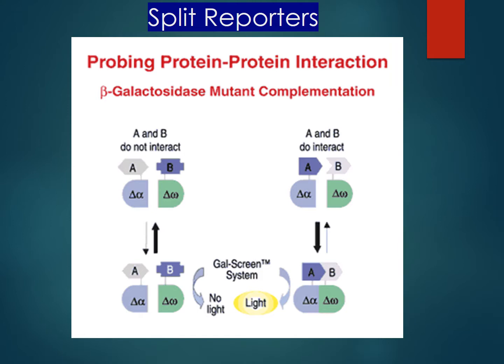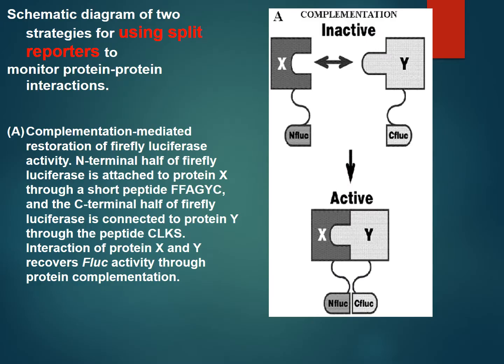So it's always important to have controls in your experiments, or you can't believe the data. So here are our controls. So think about controls when you would be describing this for our little quiz coming up. So that's mutant complementation.